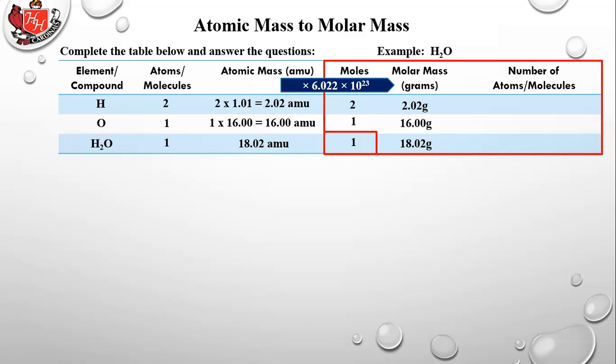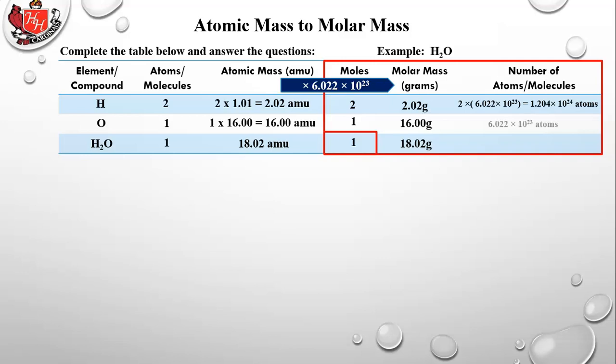So we have 2 moles of hydrogen, so that's going to be 2 times 6.022 times 10 to the 23rd, and that's going to be 1.204 times 10 to the 24th atoms. So in 1 mole of water, you're going to have 1.204 times 10 to the 24th atoms of hydrogen. Amazing. You can know that incredibly large number by just weighing.